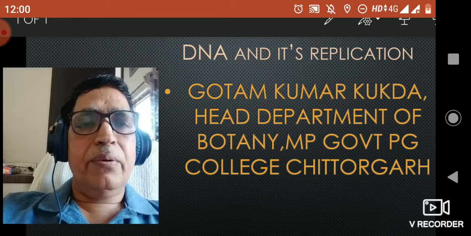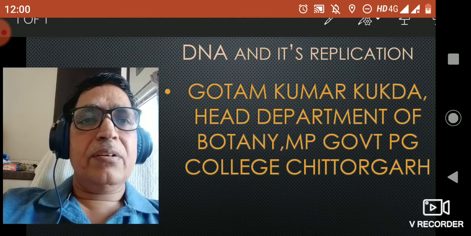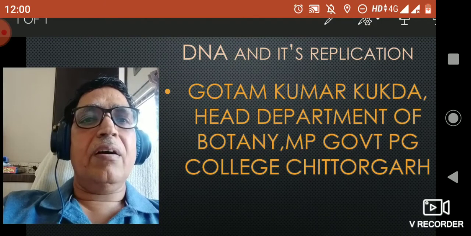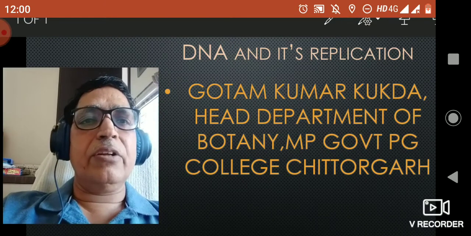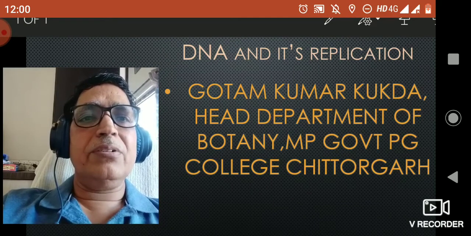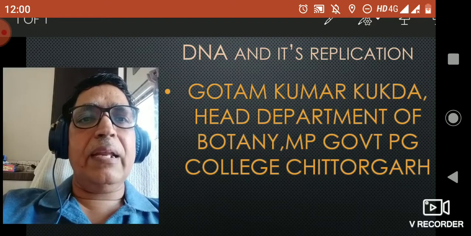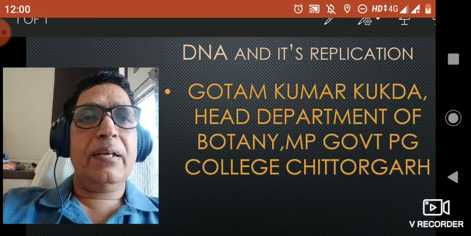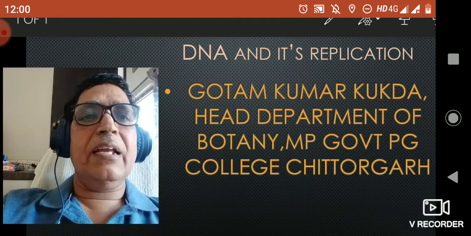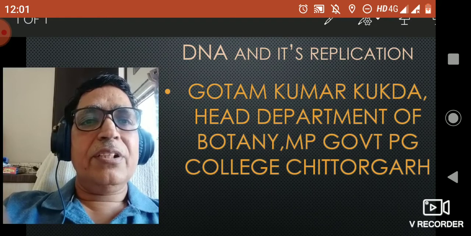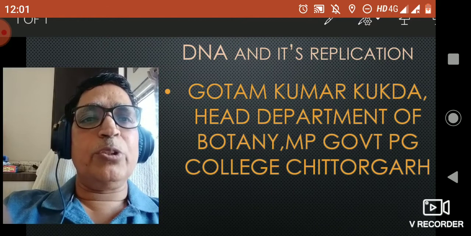For example, if on the DNA strand the first nucleotide is adenine, then it will deposit thymine monophosphate opposite to it, because you know there is always pairing of adenine with thymine, and if cytosine is there, then DNA polymerase will arrange guanosine opposite to it.